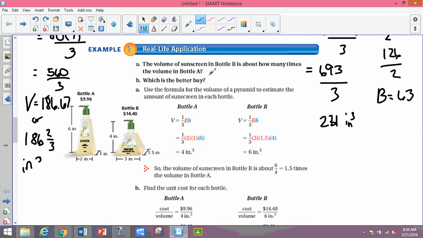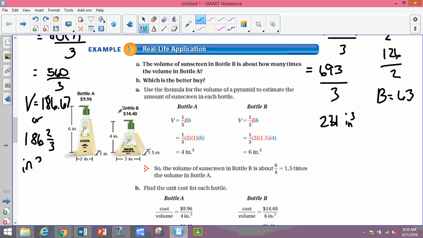The real life application is really just calculating the volume of two in comparison. That's all you're doing, and then telling which one has more or less per cost. So in this case, bottle A is 4 cubic inches, bottle B is 6 cubic inches, and then you have your price.